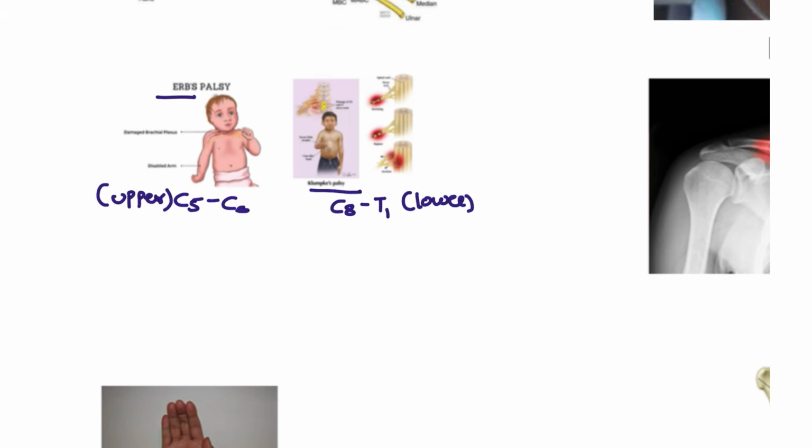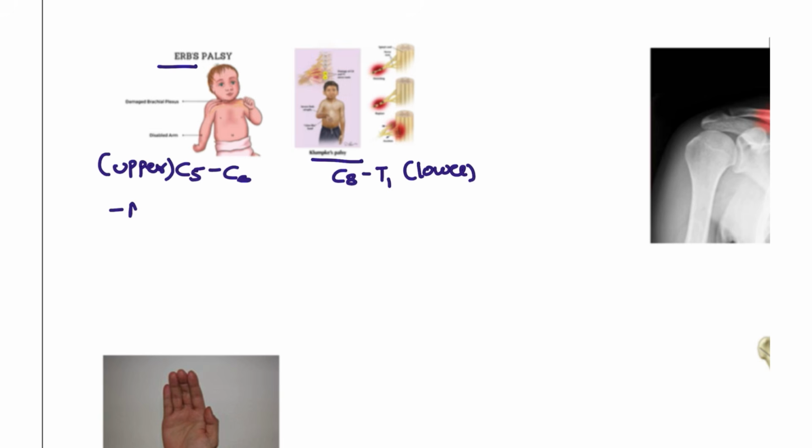What are the defects that the patient will have? Here there is a defect of the axillary nerve, the musculocutaneous nerve and the suprascapular nerve. All these nerves will be disturbed in this patient. When you look at this picture, it looks like a waiter's tip deformity or porter's tip deformity.